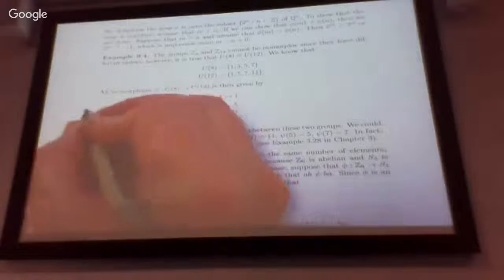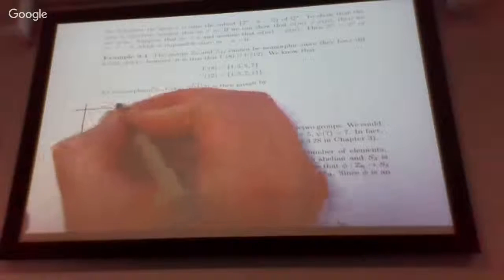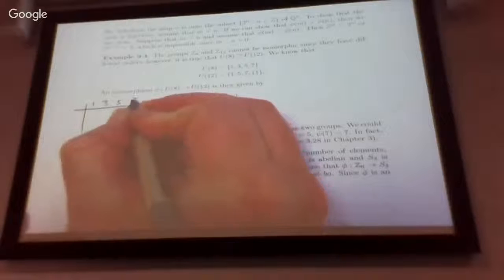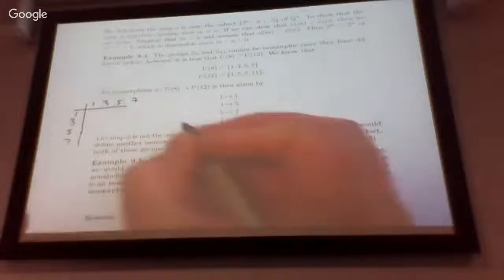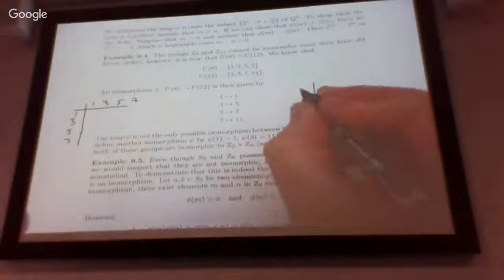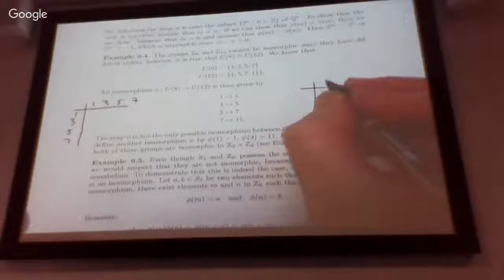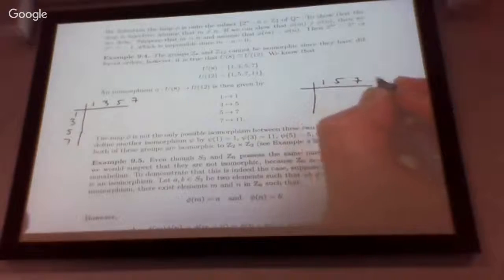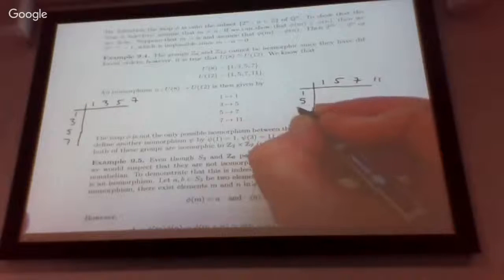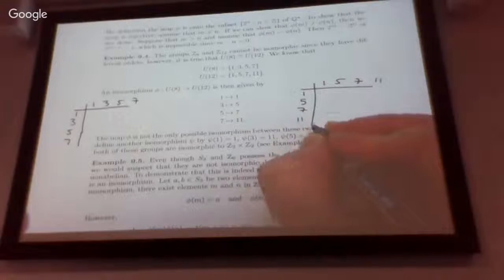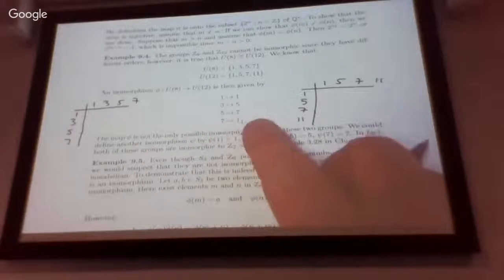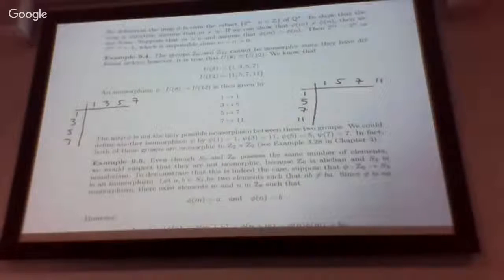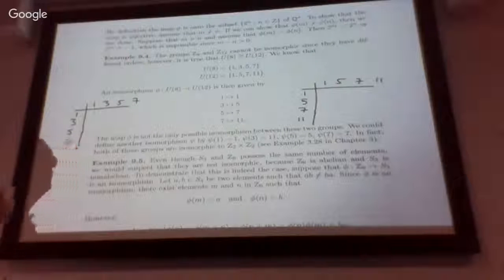But when you look at their Cayley tables, so 1, 3, 5, 7, 1, 3, 5, 7. When you look at U8 over here, and U12 over here, which is 1, 5, 7, 11, 1, 5, 7, 11. Yeah, so I've written out the same elements in the same order.